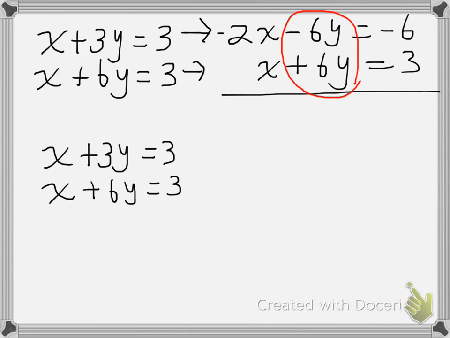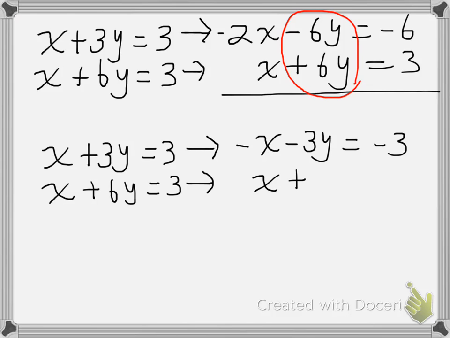Now you might have been thinking that you could have also multiplied that first equation by -1 and canceled out the x terms, and that's true, you could have. So let's multiply the first equation by -1. That would give me -x minus 3y equals -3. And if I just use the next equation unchanged, I get positive x plus 6y equals 3.